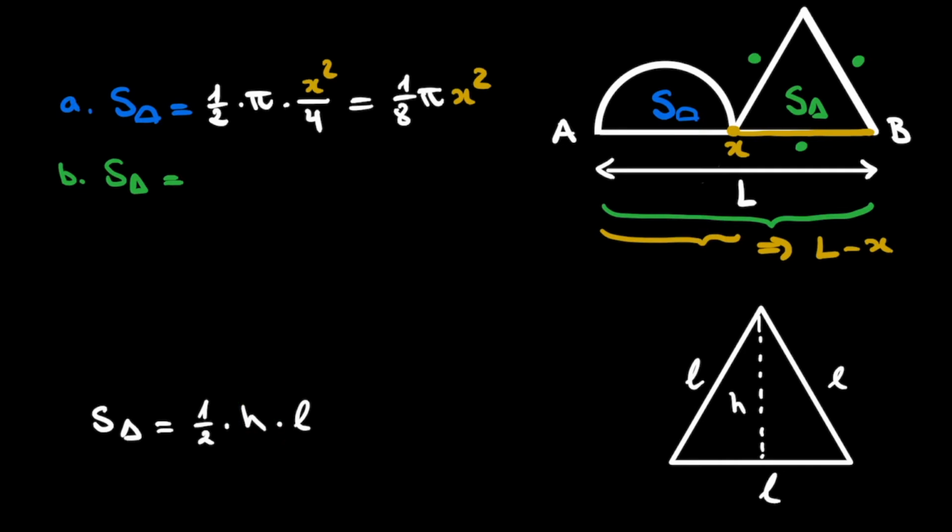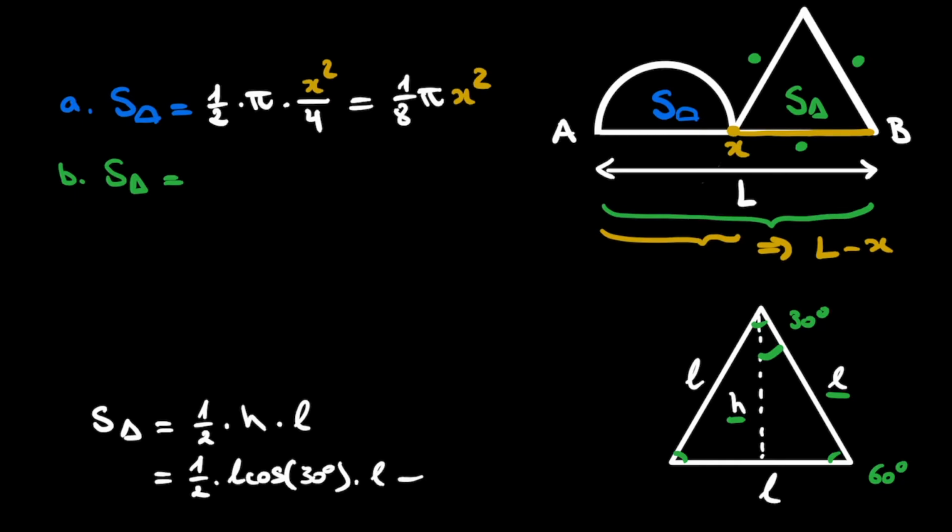So how can we link this? Well, because we have an equilateral triangle, we know that all of these angles are 60 degrees, which means that half of this angle is 30 degrees. And therefore we see that l and h are linked to each other by the cosine of this angle. So we know that for an equilateral triangle, we have 1/2 times l times the cosine of this angle, which is 30 degrees, multiplied by l.